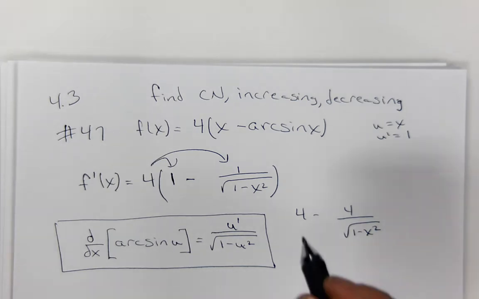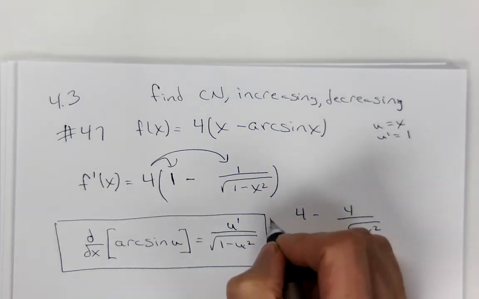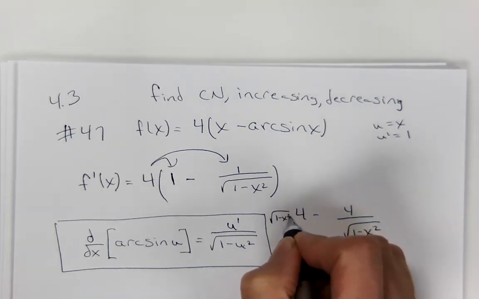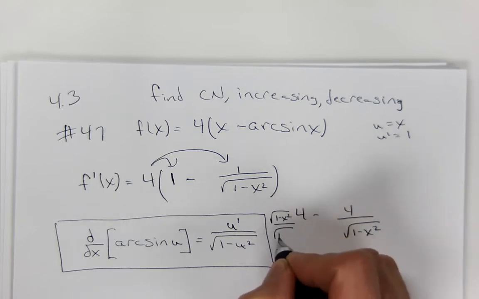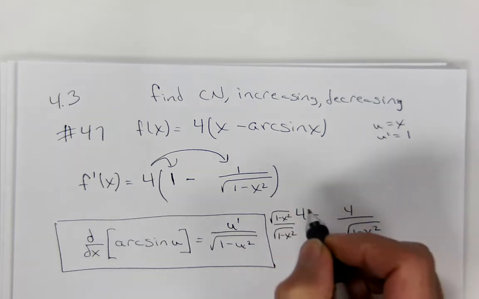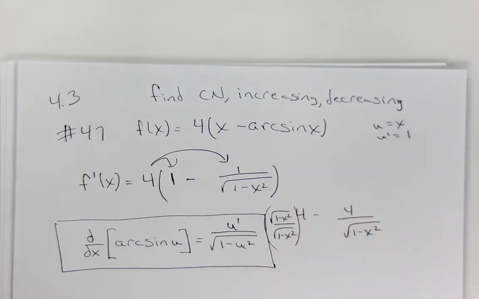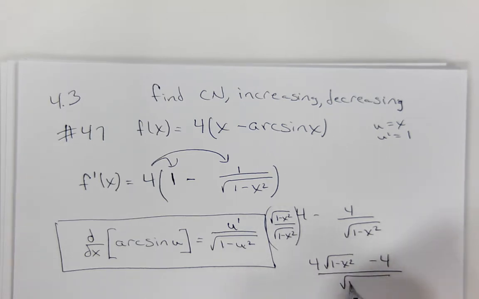And then we'll multiply the first term by square root of 1 minus x squared over square root of 1 minus x squared to get a common denominator. And that gives me 4 square root of 1 minus x squared minus 4 over a common denominator, square root of 1 minus x squared.